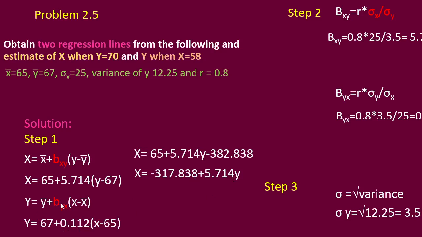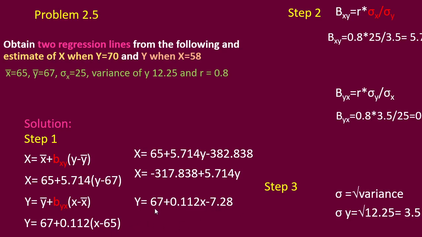So apply the values to the second equation. y equals y bar, 67, plus byx, which we have found here as 0.112, into (x minus x bar). x bar is 65, given in the problem. So simplify this one. 67 plus 0.112 into x, it's 0.112x, and 0.112 into minus 65 is minus 7.28.